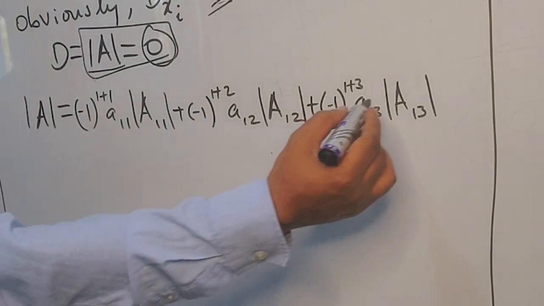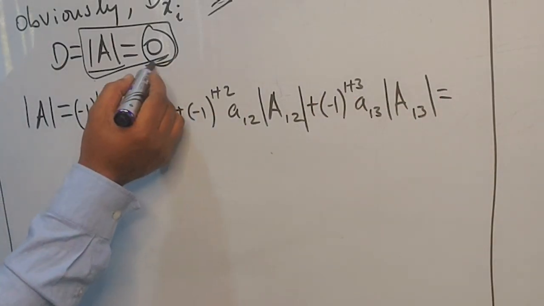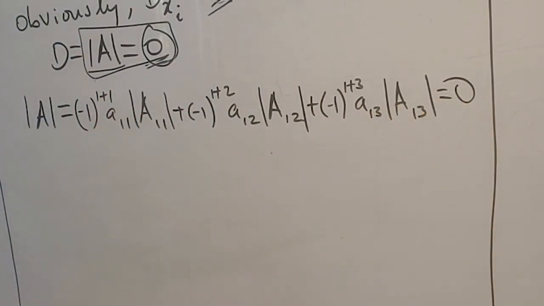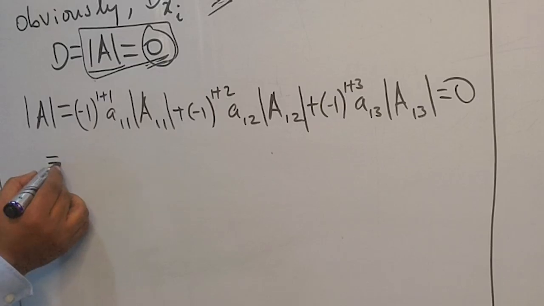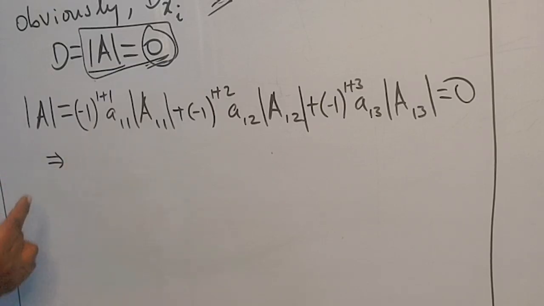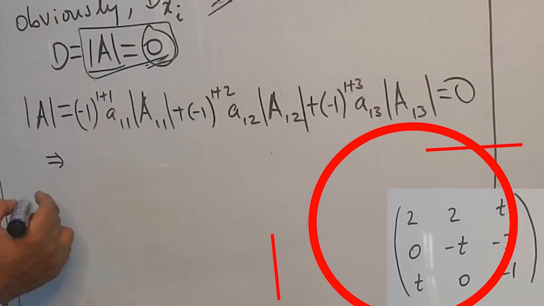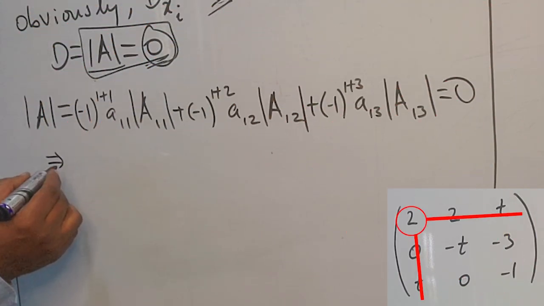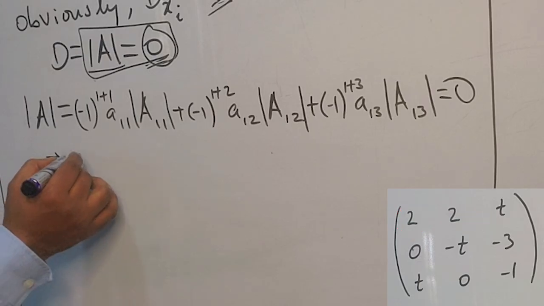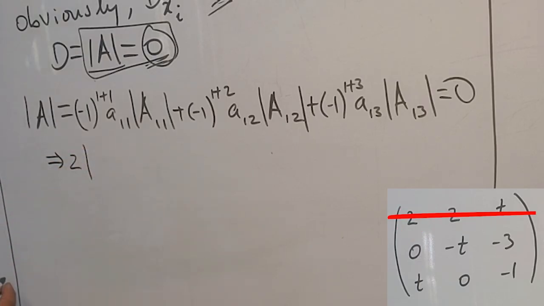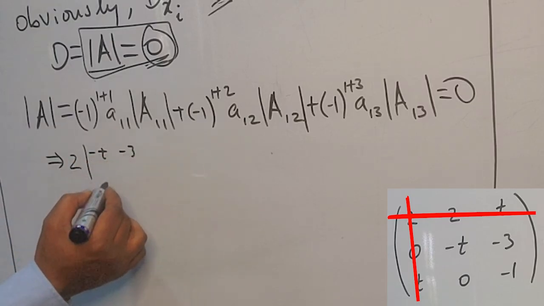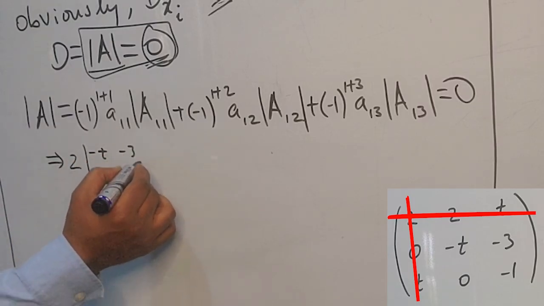This is equal to, we have here 0, 0. This implies -1 squared, positive 1, A11, first row, first column of our matrix, that is 2, times the determinant of the matrix after omitting first row and first column: minus t, minus 3, 0, minus t.